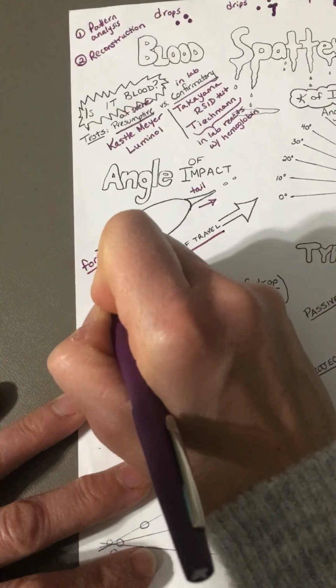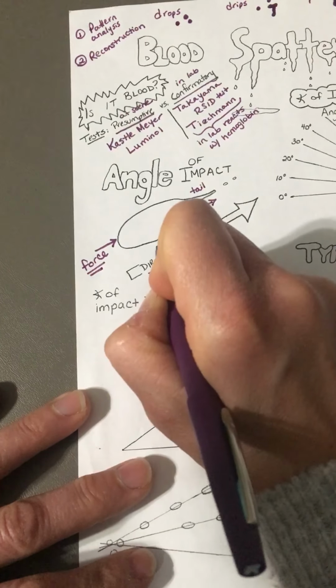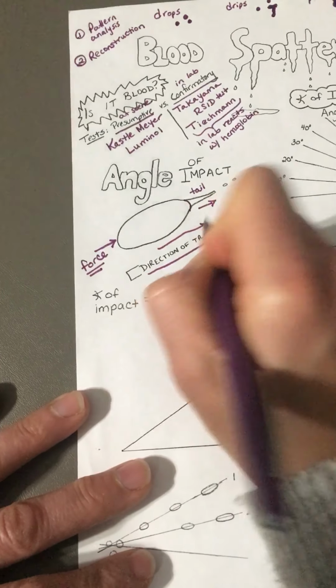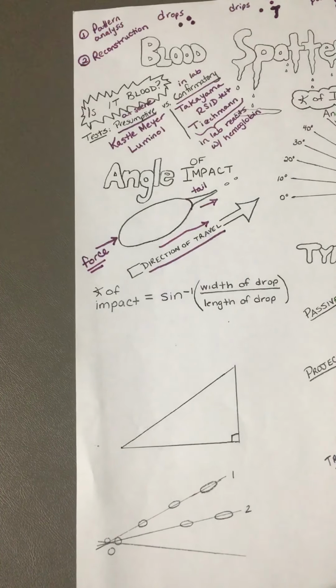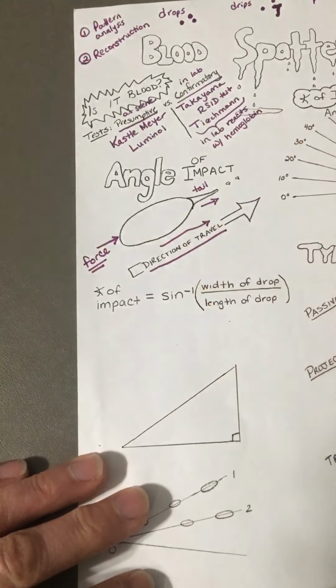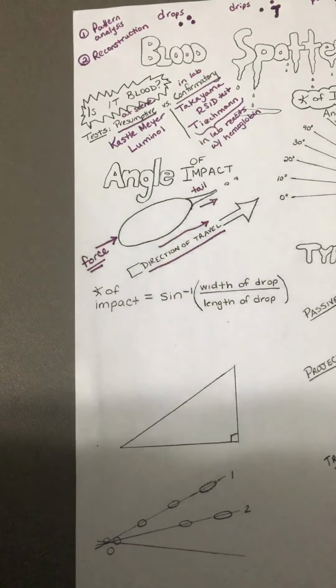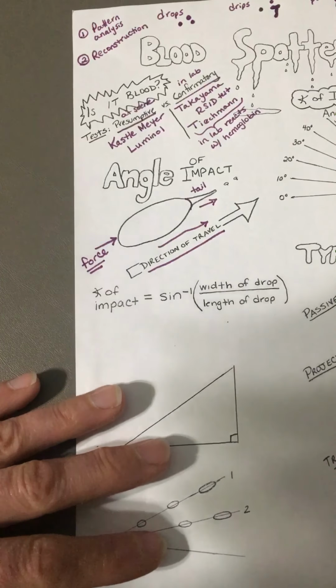We know that the force came this way and that the blood sort of spurted out that direction. All right, and that's what gives us the tail and maybe a few little splatters along the back end of that tail.